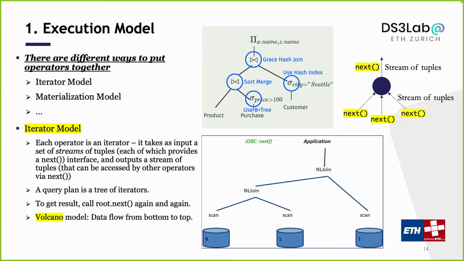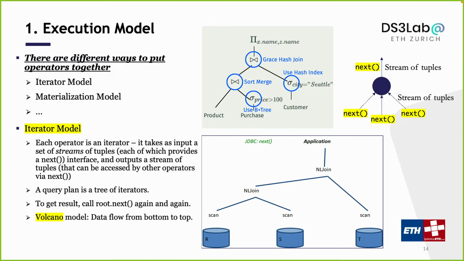Take this query plan, for example. It's a three-way join. I join R and S using nested loop join. Then I join the result of that using nested loop join with T. That is my physical plan. To run that in the iterator model, someone is going to call the next function of the root node: give me the next tuple.